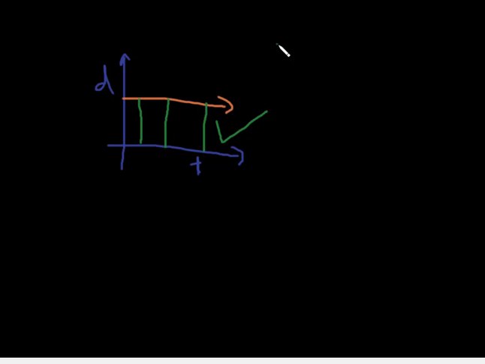Suppose this is a point A, this is a point B. The body will start its motion from point A and reach its destination, point B. At point B, it is at rest. Now, when time passes, the body is still at point B. So time is going on, but the displacement or the distance of the body is not changing. So that is the case. Okay, I hope you understood this one.